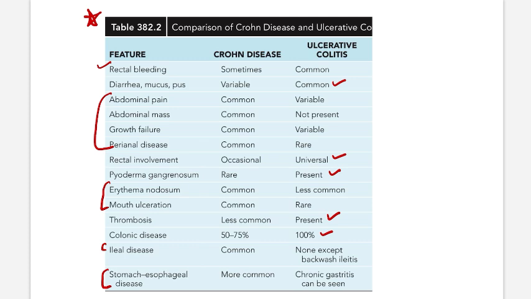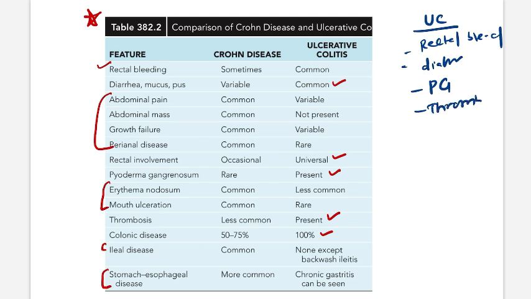I am just putting some words together to remember easily for ulcerative colitis: rectal bleed, diarrhea, pyoderma gangrenosum, and thrombosis. Just remember these keywords for ulcerative colitis. Again, I am repeating: rectal bleed, diarrhea, pyoderma gangrenosum, and thrombosis.